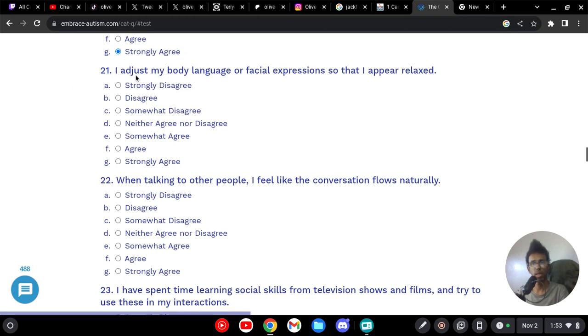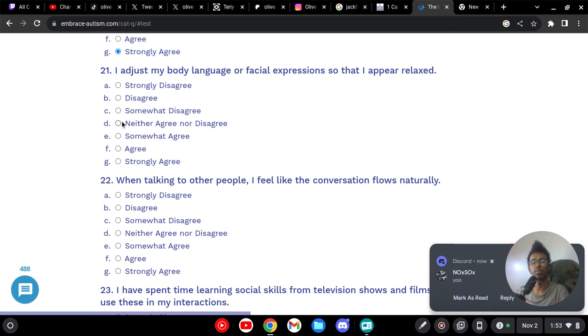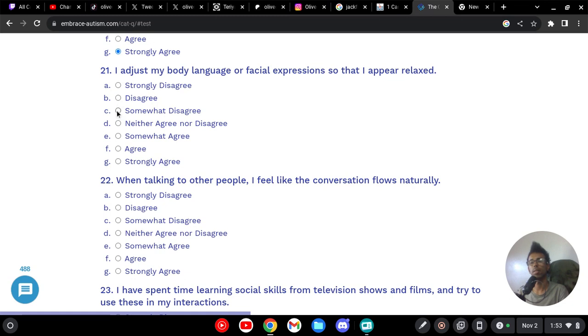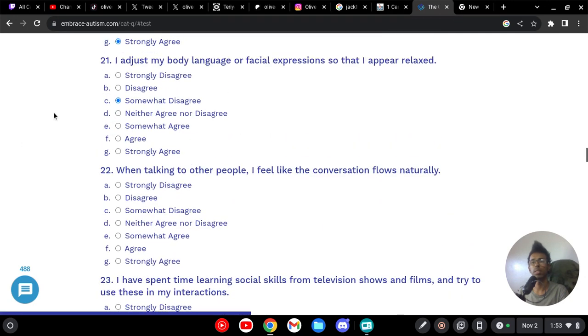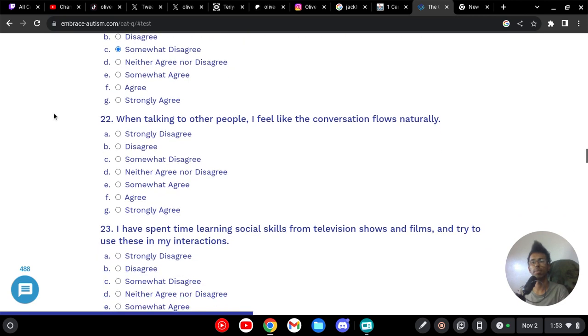Question 21. I adjust my body language or facial expressions so that I appear relaxed. No. People claim I'm too nervous at times. I'll say somewhat. I say somewhat for now.